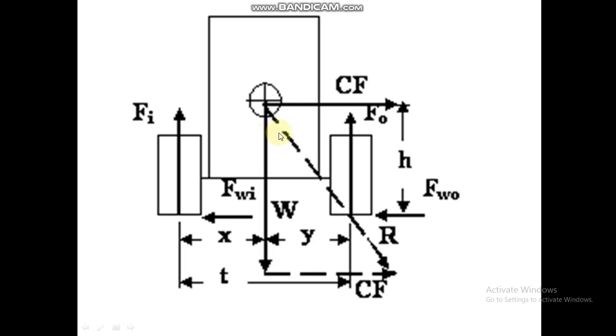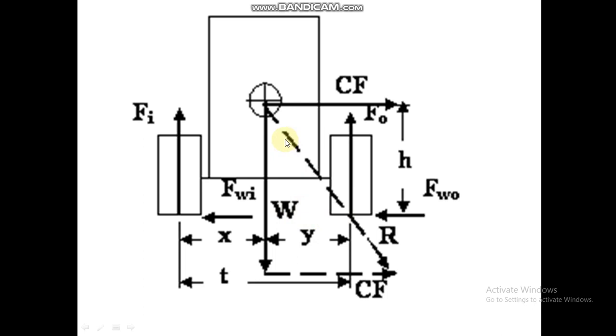If this angle is theta, we can have a right angle triangle here whose hypotenuse is this, and this vertical side is represented by this height h, and this is the base y of the right angle triangle.